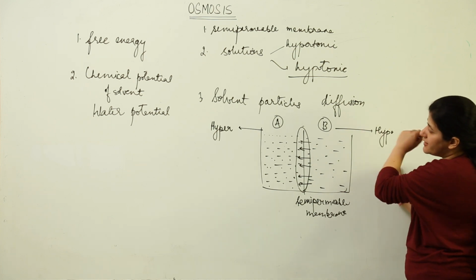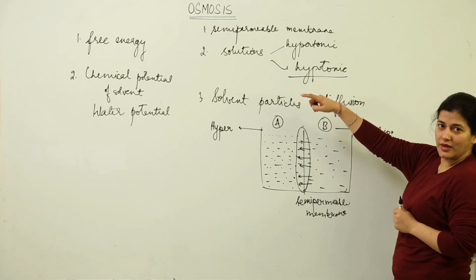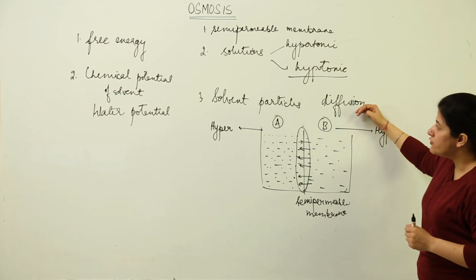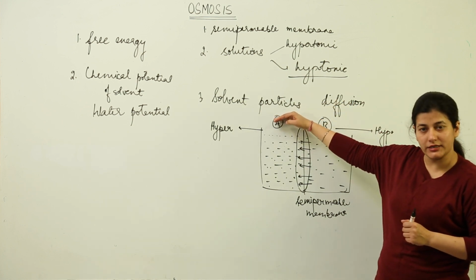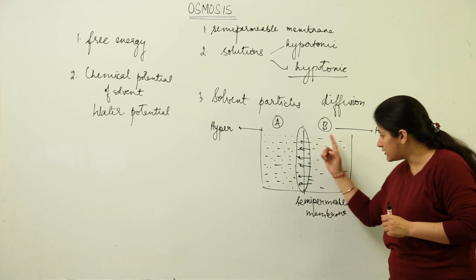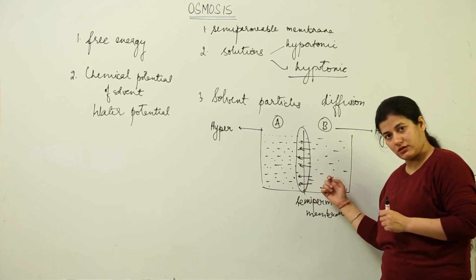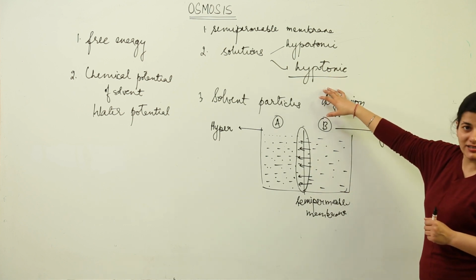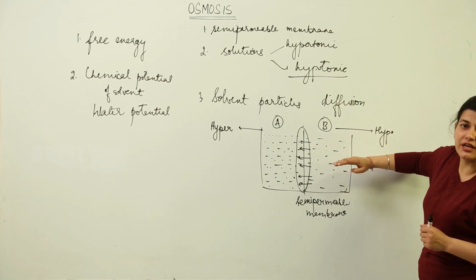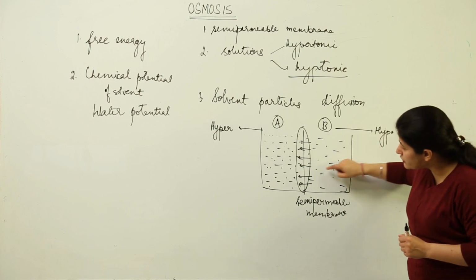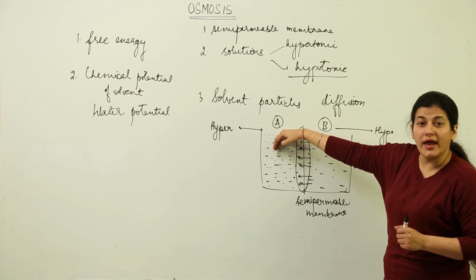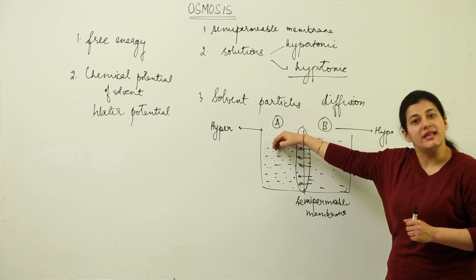So analyzing the definition in terms of free energy, we have that osmosis is the diffusion of solvent particles from this solution which has their higher free energy. That means the solvent particles at a higher free energy level diffuse through a semi-permeable membrane to the region where their free energy is lesser.